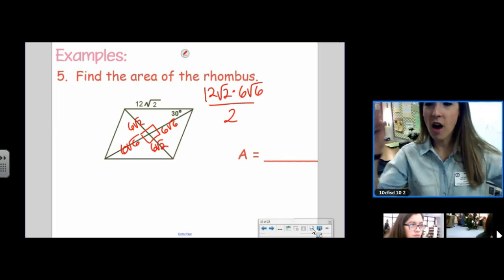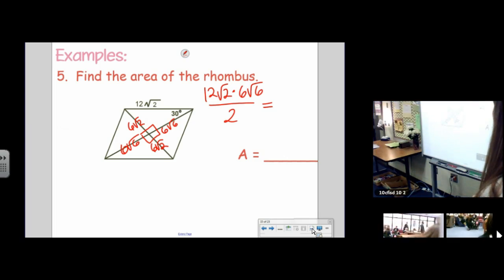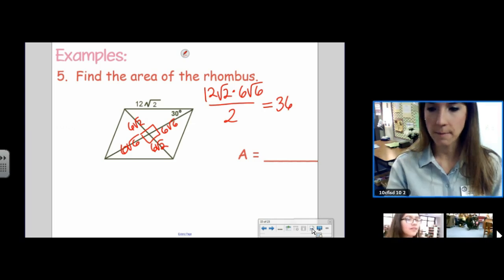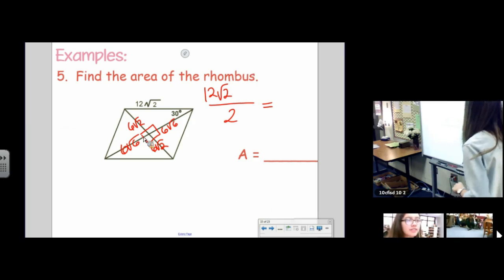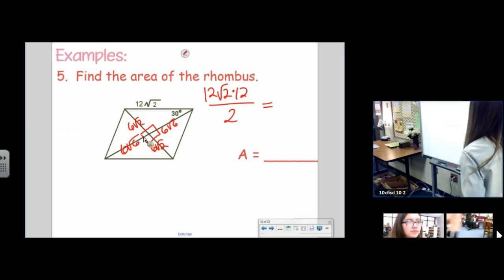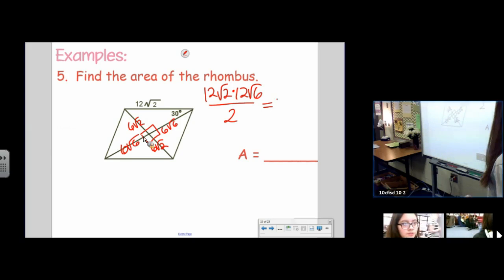Okay, let's do all the integers first. 12 times 6 divided by 2. 36, right? Yes, good job, guys. Sorry about that. Nice catch. There's lots of 12s in this, isn't it? 12 times 12 divided by 2. 72.